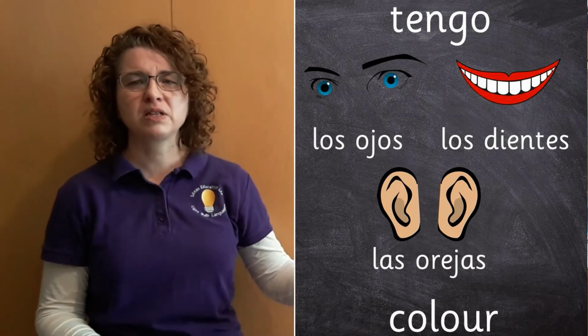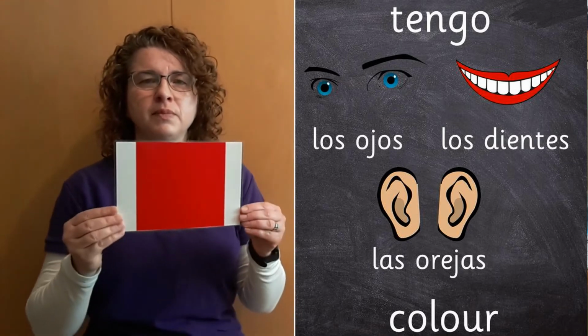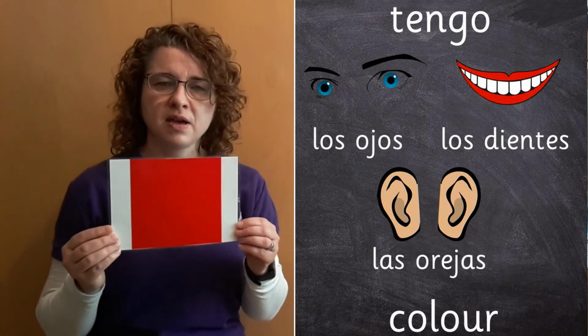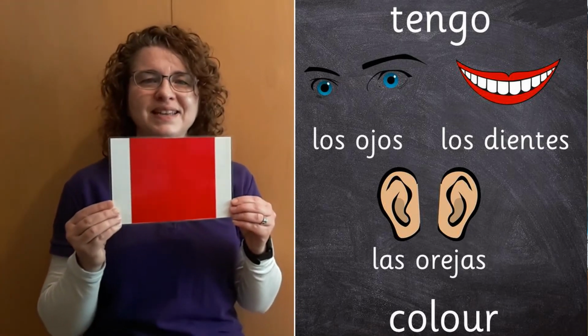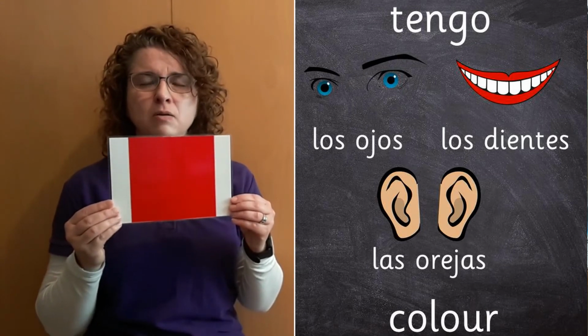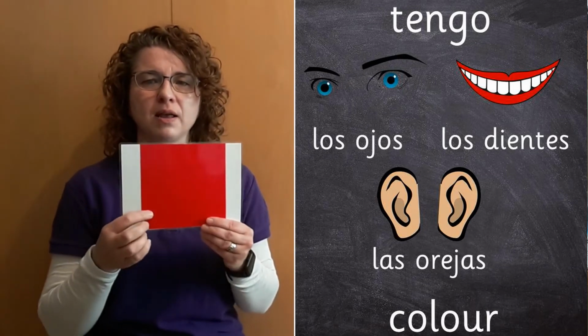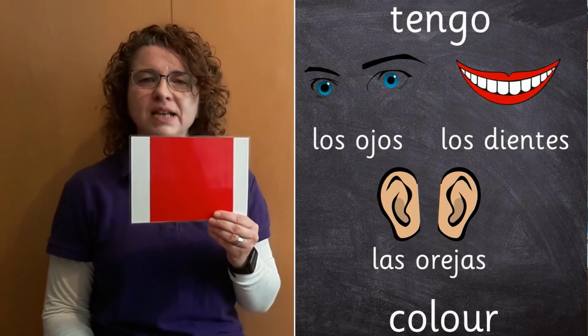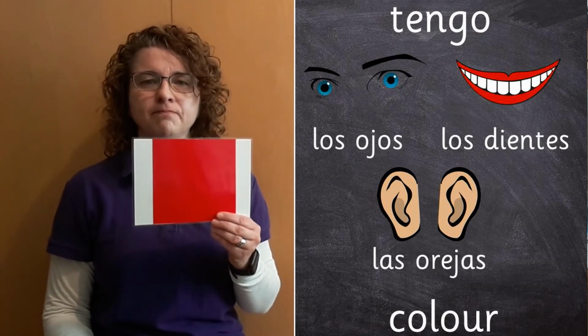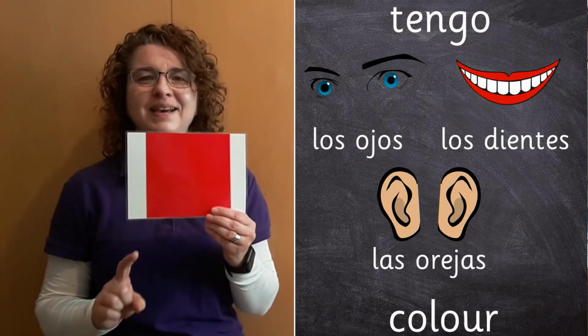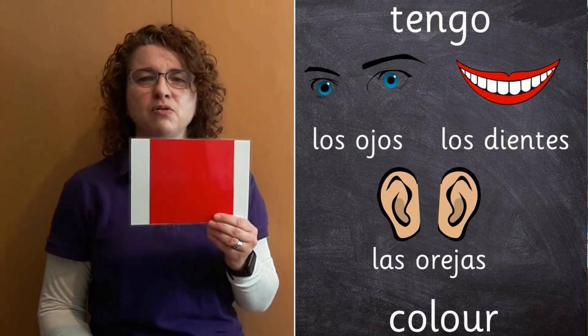So, for example, let's just say you want to say, I have red ears. What are we going to have to do with our colour to say, I have red ears? So they're feminine and they're plural.